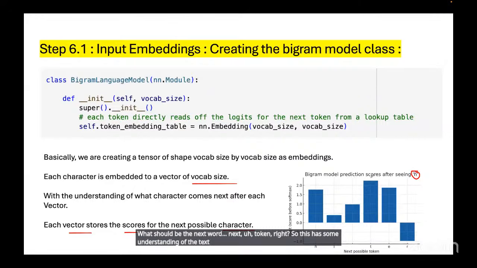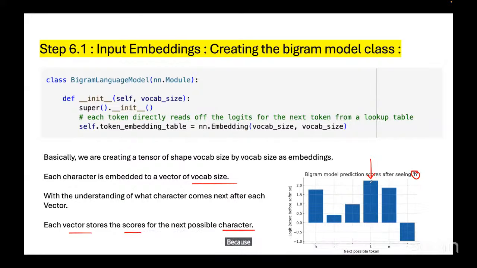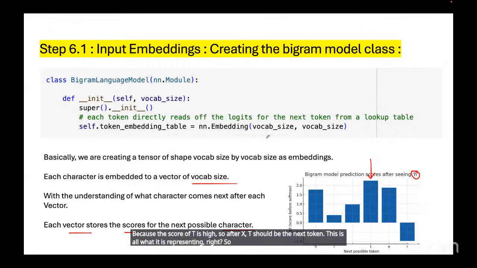After H, T should be the next token, because the score of T is high. This is what these vectors store. So now from each token being independent, we have tokens which are dependent on each other. They have an understanding of how they occur in this text.